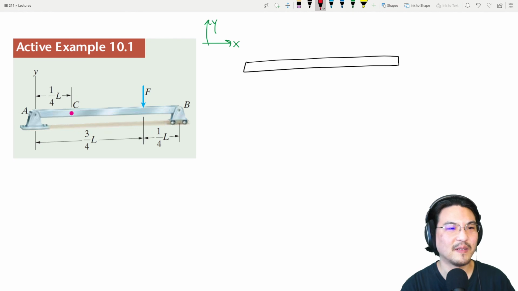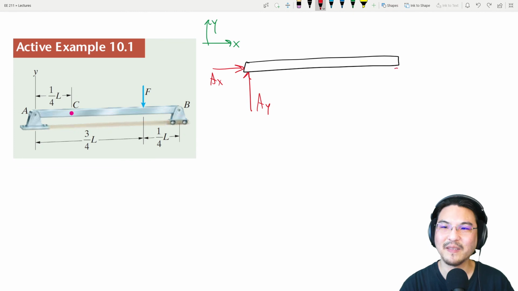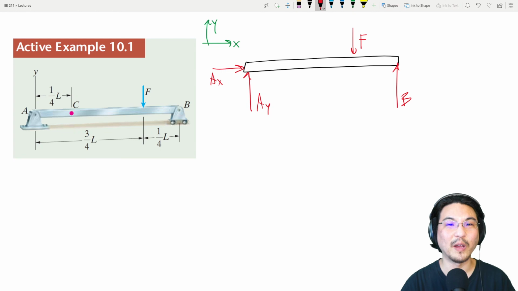For the reaction at pin A, I'm going to decompose that into X and Y components. For the reaction at the roller B, it's normal to the surface. And there's a load over here. So step 1: draw the free body diagram and solve for the reactions at the supports. Let's do that.